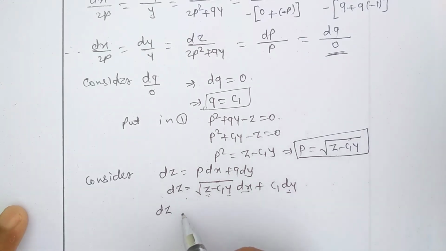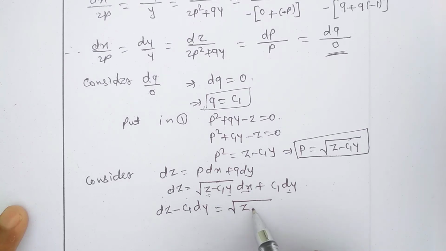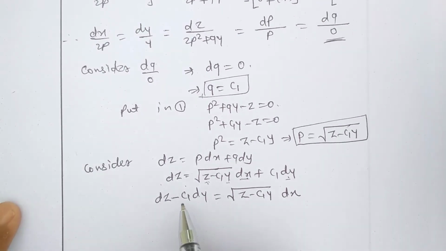So see what happens. dz, this term comes in the left hand side, minus c1 dy is equal to under root of z minus c1y into dx. Now let's check. In the left hand side there are terms of y and z, and in the right hand side under root of y and z. So this term we can transfer here, so that in the left hand side you will get the terms of y and z only, and in the right hand side you will get the terms of x only.